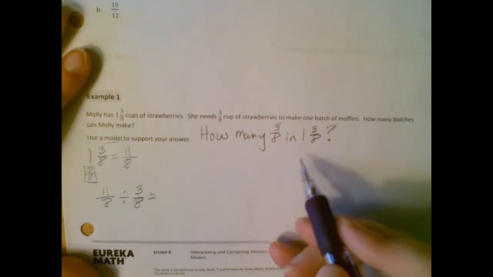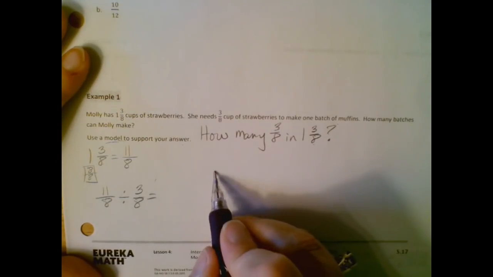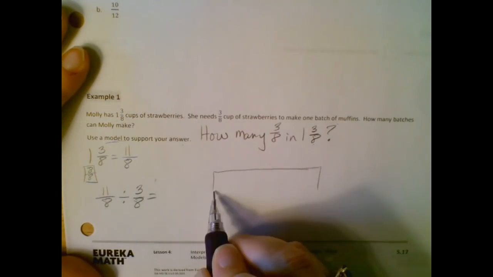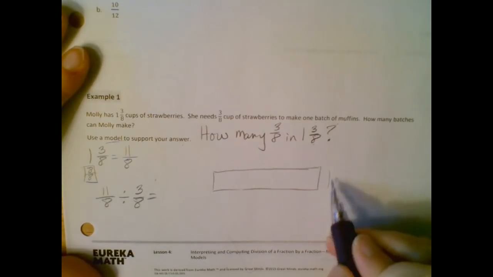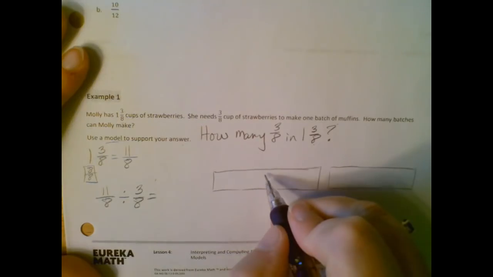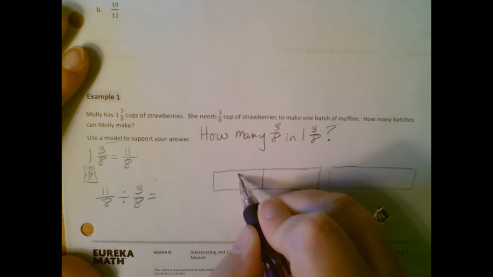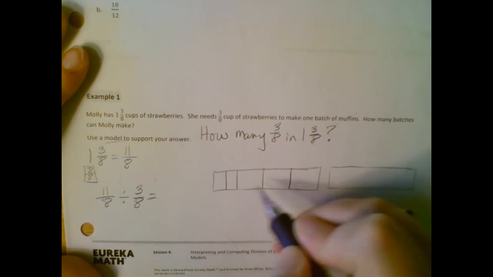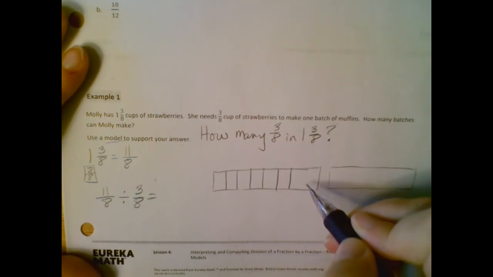So this time I have more than one whole. So I'm working in eighths. So with my tape diagram, I need two similar sizes, hopefully eighths. I'm going to cut it into fourths, and then each fourth is going to be cut in half. So now I have eighths.